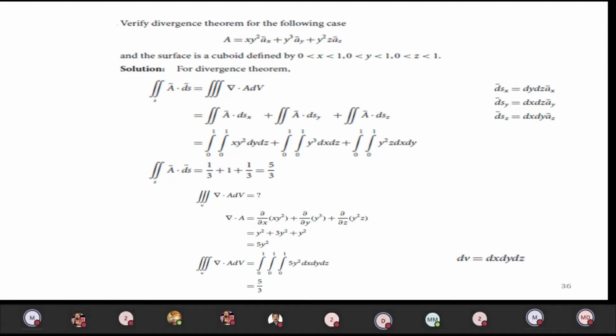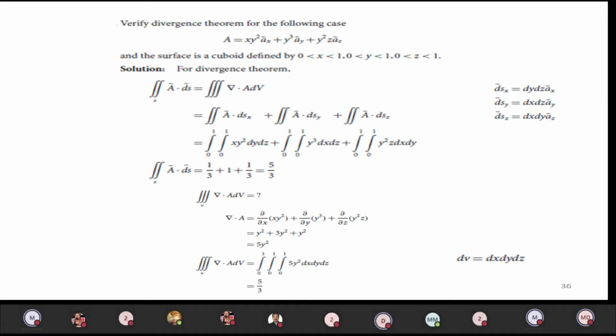The surface integral of A vector dot dS vector can be written as the surface integral of A vector dot dSx plus the surface integral of A vector dot dSy plus the surface integral of A vector dot dSz. So we have three terms, dSx, dSy, dSz. Depending on that, I am substituting the coefficients.